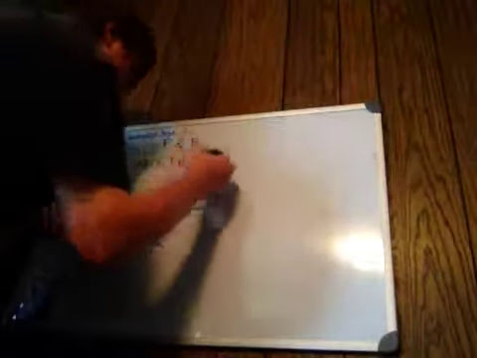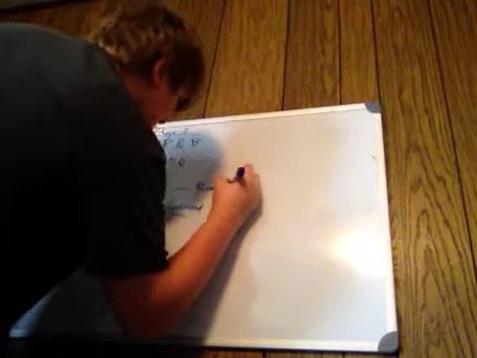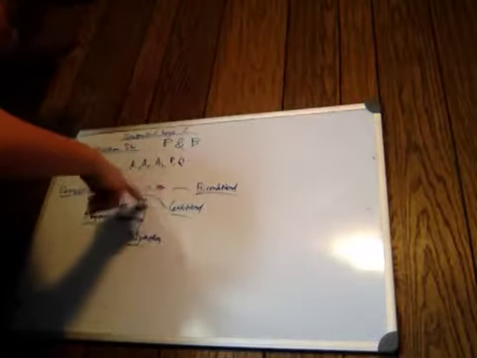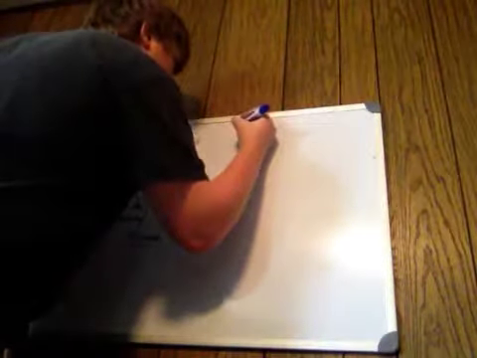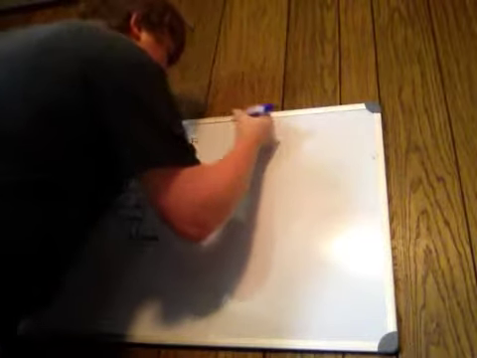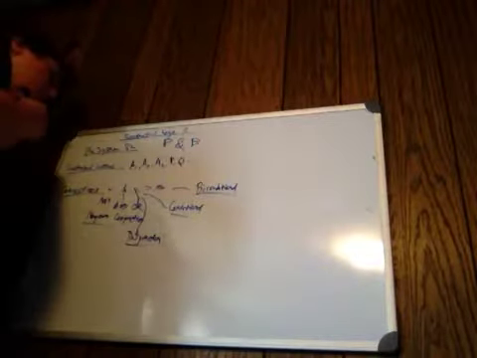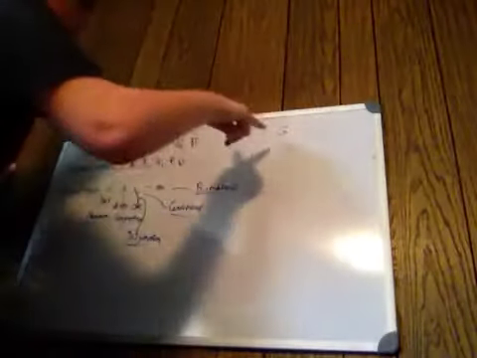Okay, finally we have the biconditional, which stands for if and only if. Let's say, trying to think of a biconditional here, if the animal is an elephant and the animal is gray.